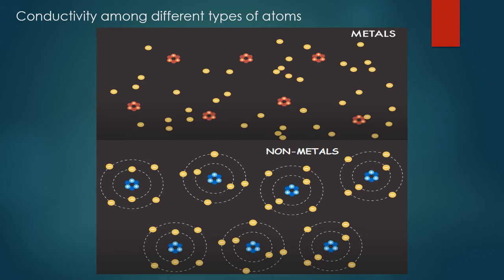Now I'd like to explain generally how conductivity differs between different types of atoms. Here we have two pictures of the atoms of metals and non-metals. The electrons of metals are delocalized because the outermost electrons in a metal atom are held loosely, allowing them to flow more freely.